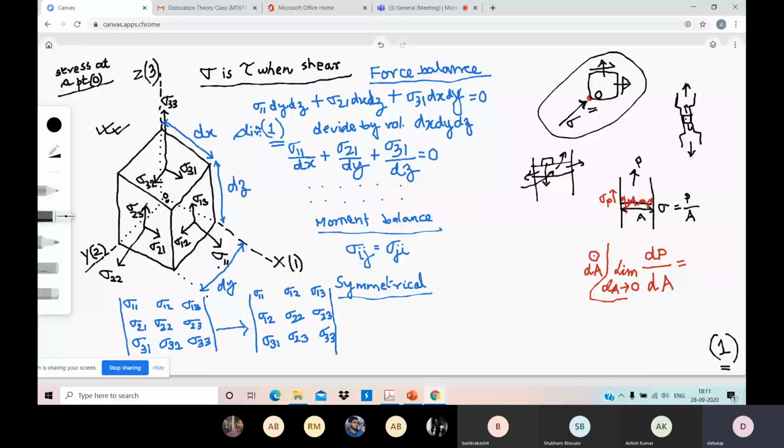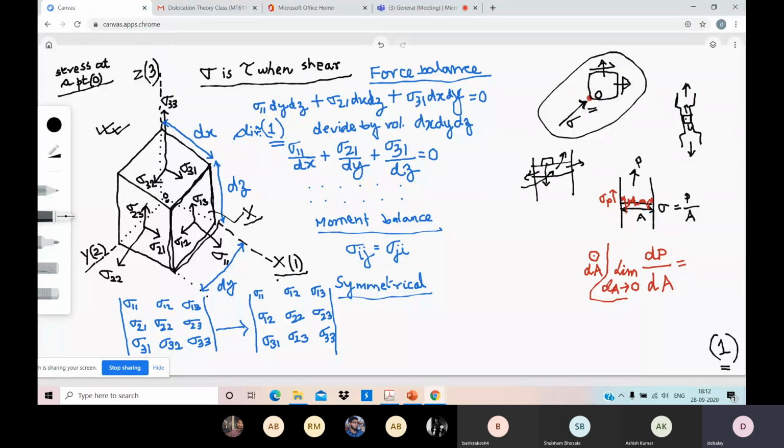You see, suppose I consider the plane that is parallel to the x direction. So I am redrawing the plane. This is the plane that is parallel to the x direction. So the name of the plane is considered as x plane.